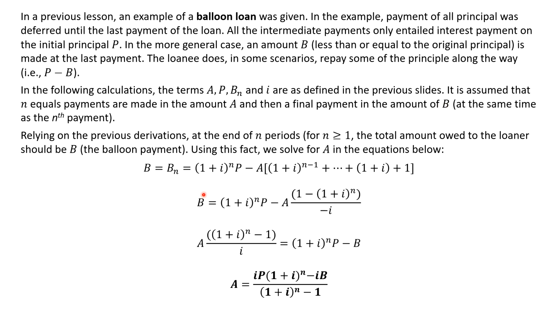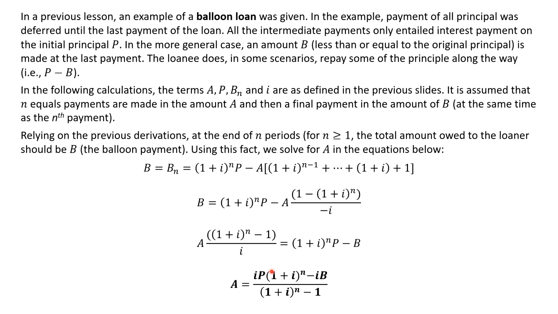So relying on the previous derivation, we know that B sub n, the balance at the very end, is given by this formula here. And when we did the mortgage calculation, that was equal to zero, but now it's going to be equal to B, this balloon that we pay at the very end.